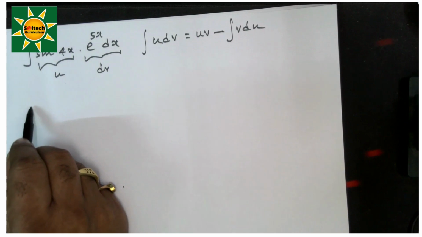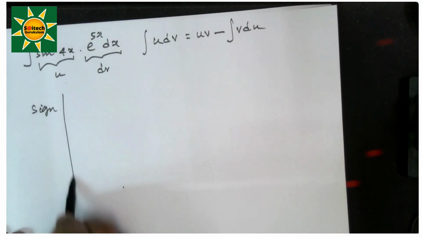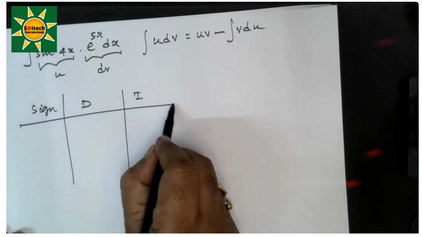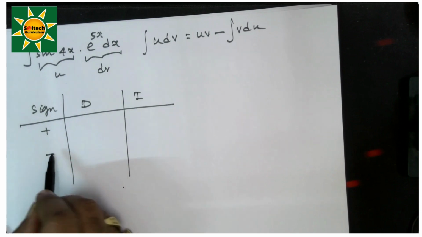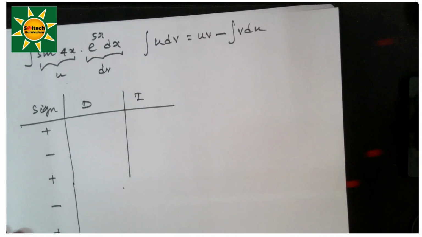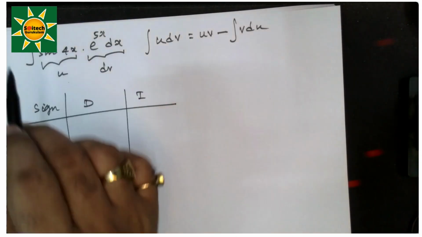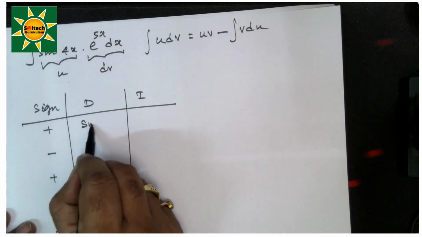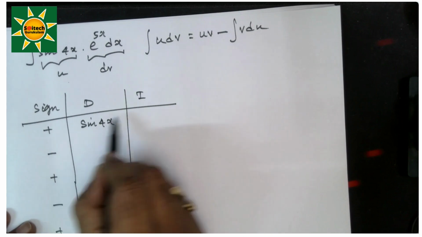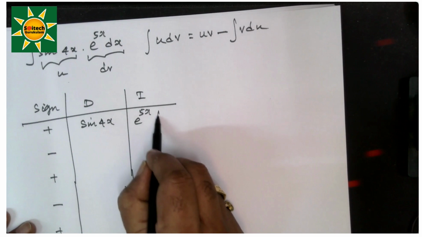So this is the sign, differentiation, integration, so DI method, plus minus plus minus plus, so you can proceed like this. Now what is u here? sin 4x. And what about dv? e power 5x dx.